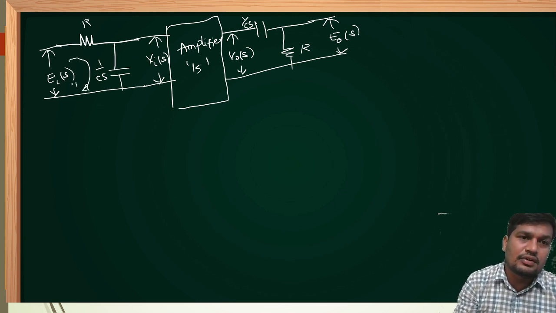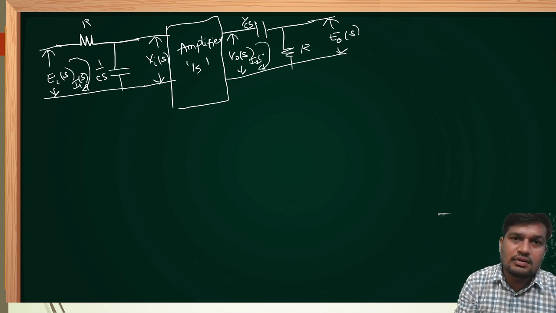Let's say current flowing through this loop is I1 of S, current flowing through this loop is I2 of S. This is the amplifier internal gain, K.